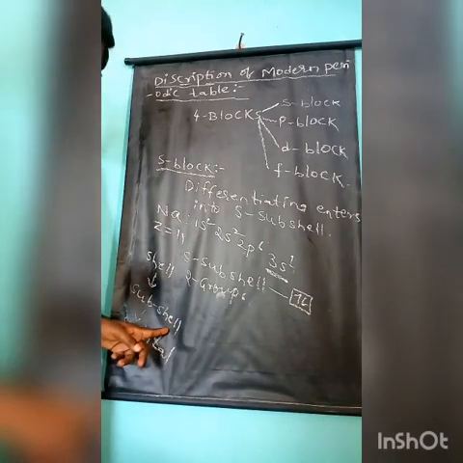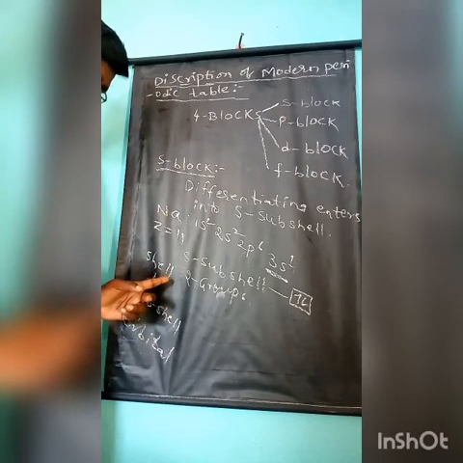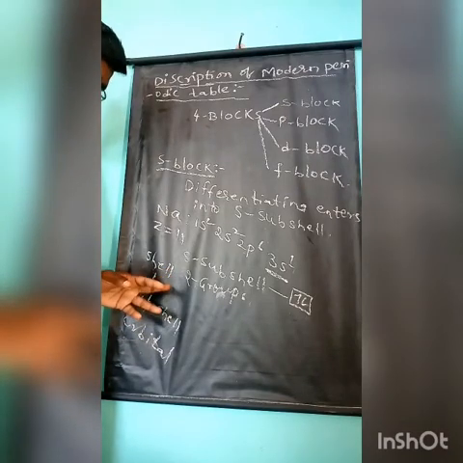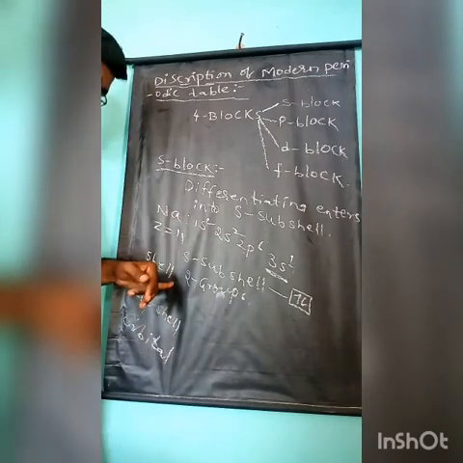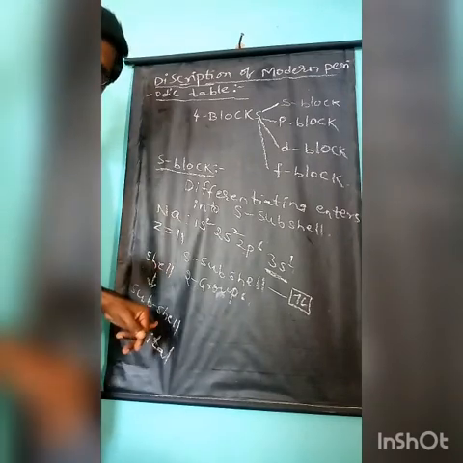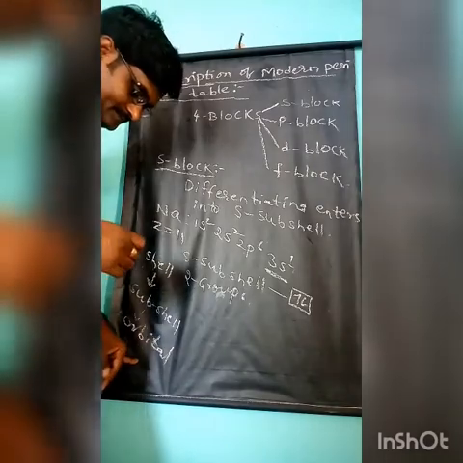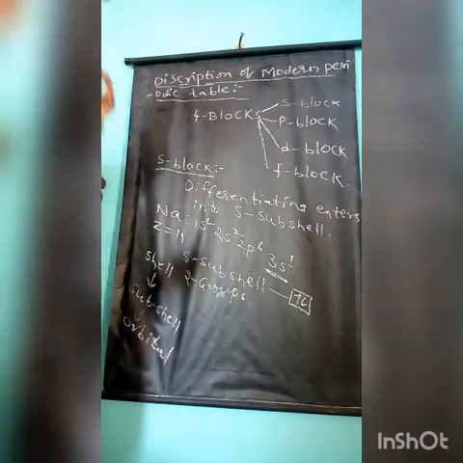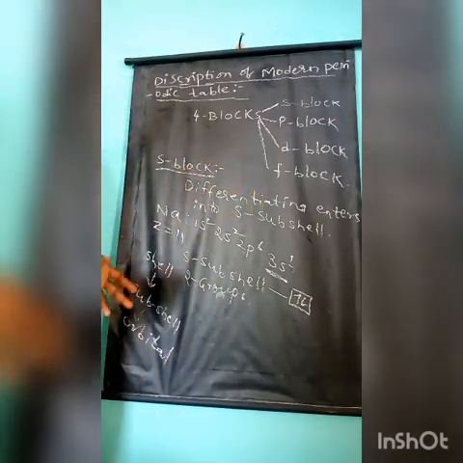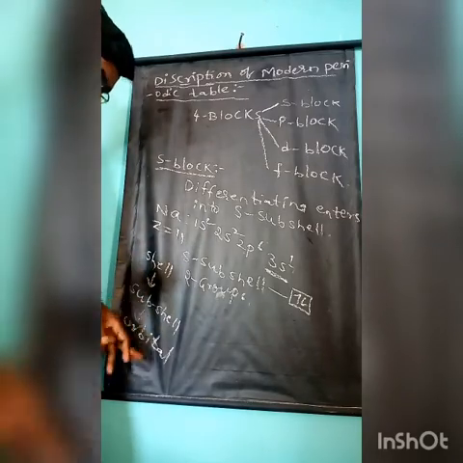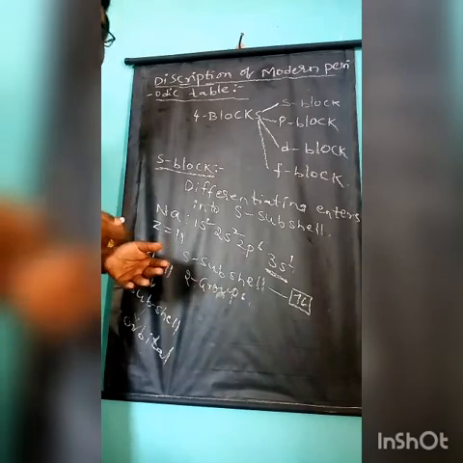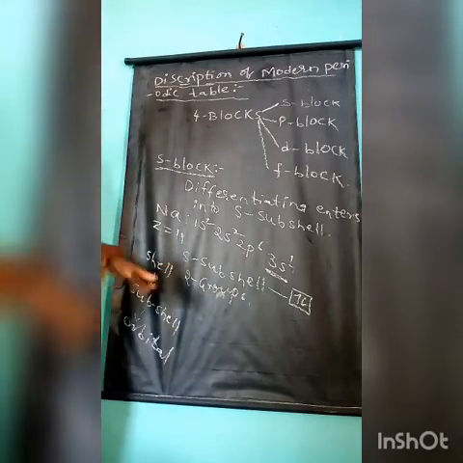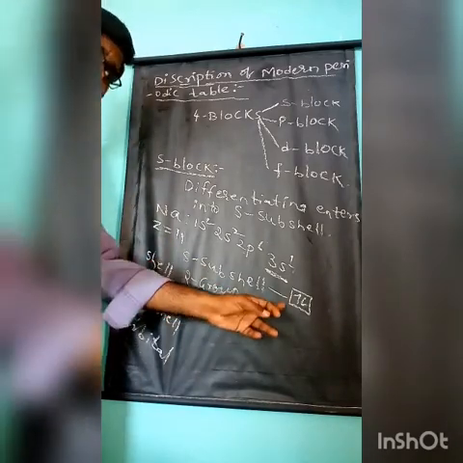Shells contain subshells. Subshells contain orbitals. That is the difference between shell, subshell and orbital. Okay, clear? So here the S subshell contains only one orbital.